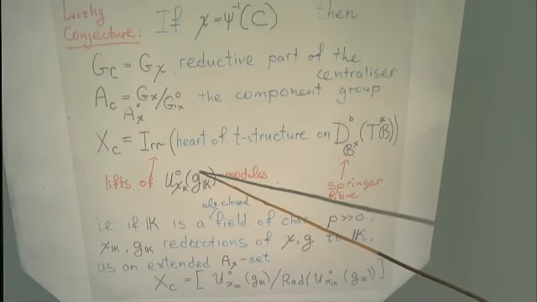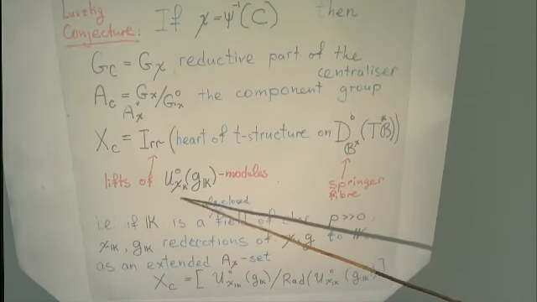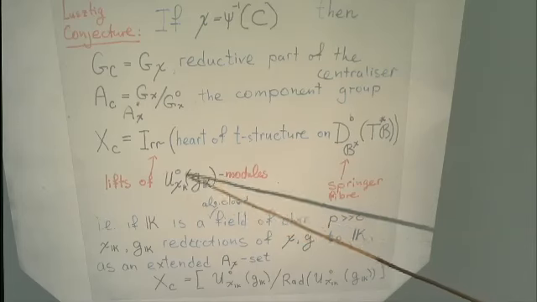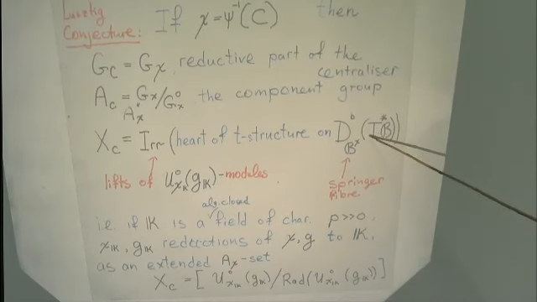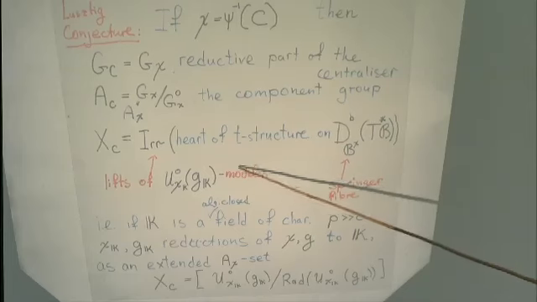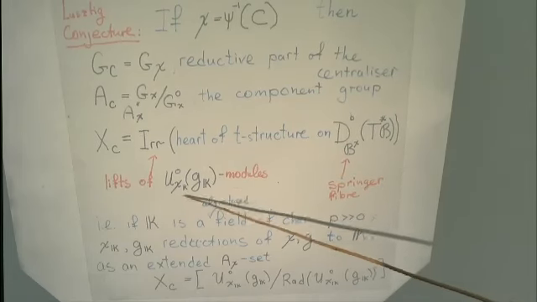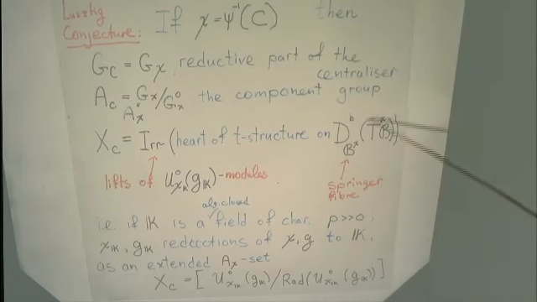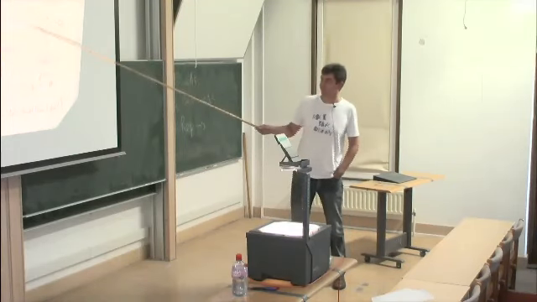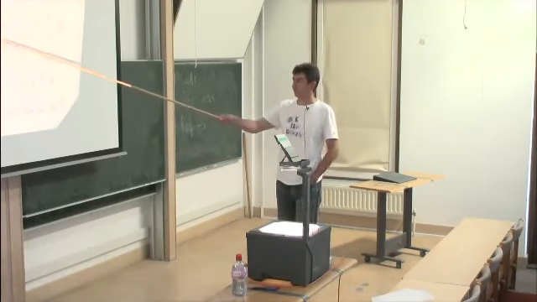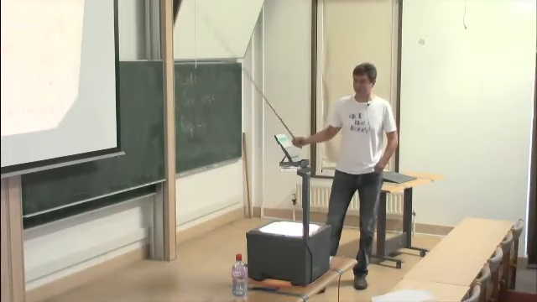So this gives me the heart of the t-structure in characteristic p. Although this object no longer exists in characteristic p, the t-structure here exists in characteristic 0. So I can define X_C completely in characteristic 0 like this.